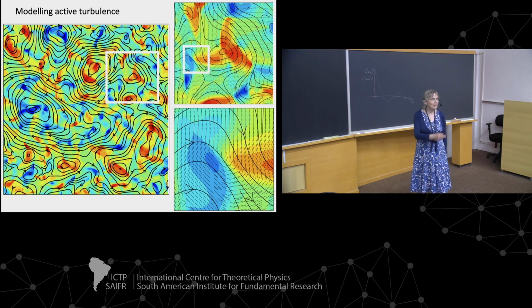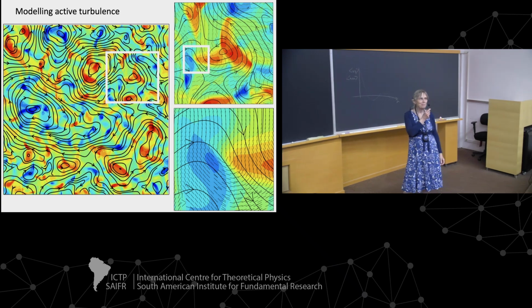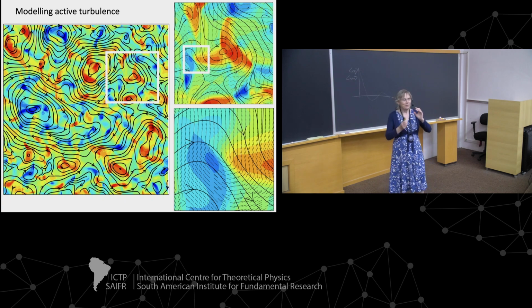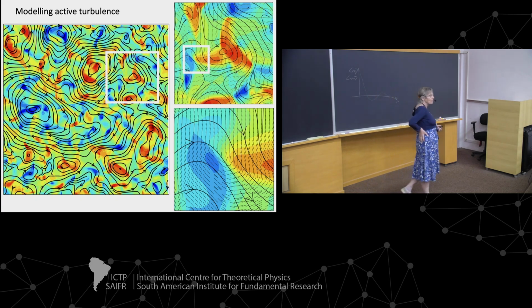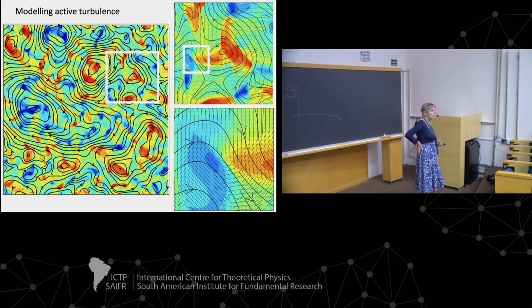Right. I have no idea. I should have a look at it, because people really tend to say you get scaling and they have it over one decade. But they see it over lots of decades, and they applied all the techniques that the people in turbulence use. And they asked Massimo Cencini, who is an expert, and he was positive about it.